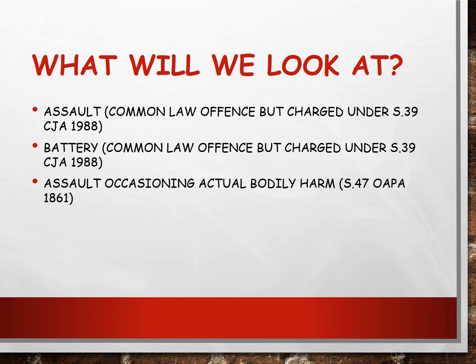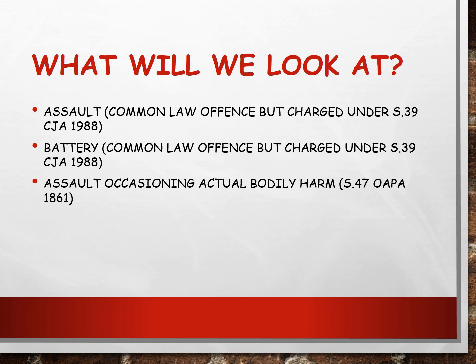So if a police officer has arrested a suspect and believes they have enough evidence to charge somebody to take them to court for the offence, they will charge the defendant with one or both of these offences under Section 39 of the Criminal Justice Act 1988. So I stress this is the section that you are charged under, but it does not provide the definition or the elements. These are still found within judge-made law.